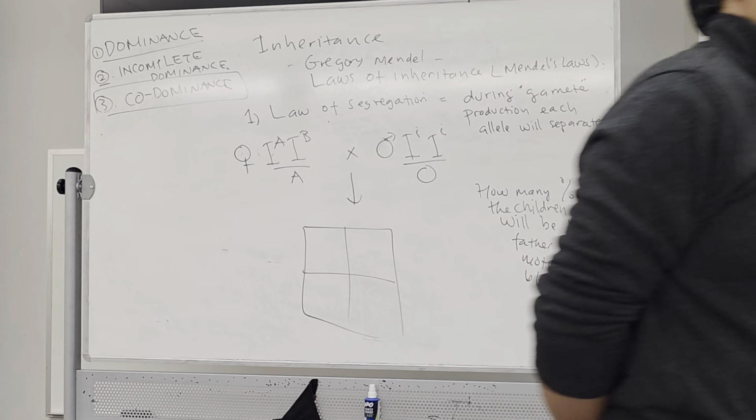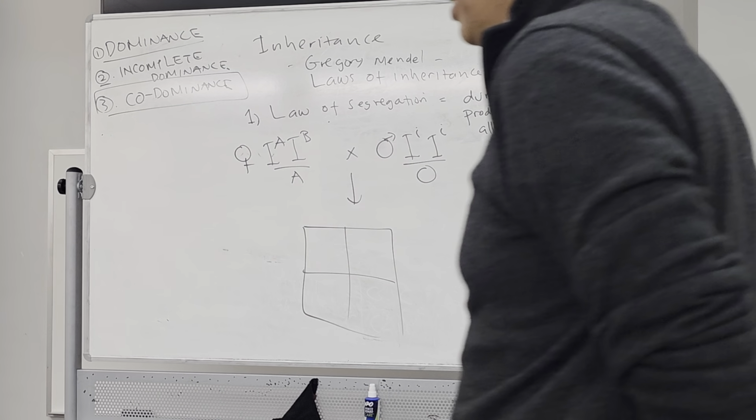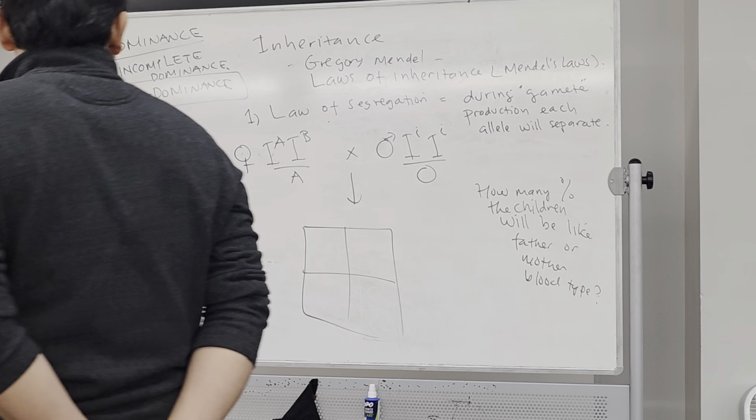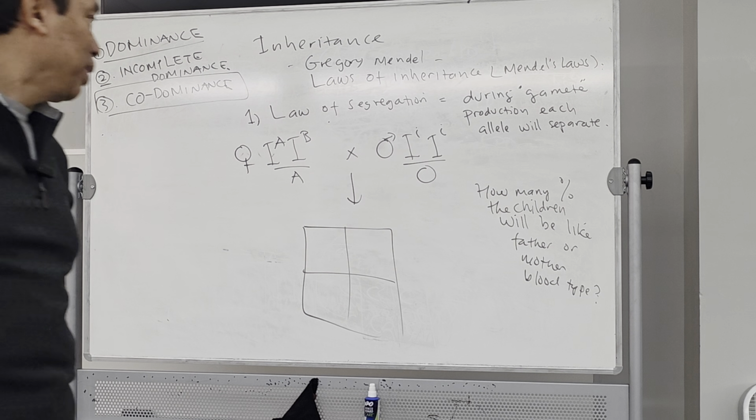Joe, do you have the answer already? Anybody have the answer already? Ethan, how many of them will be like father or like mother? 25% mother, 25% father.